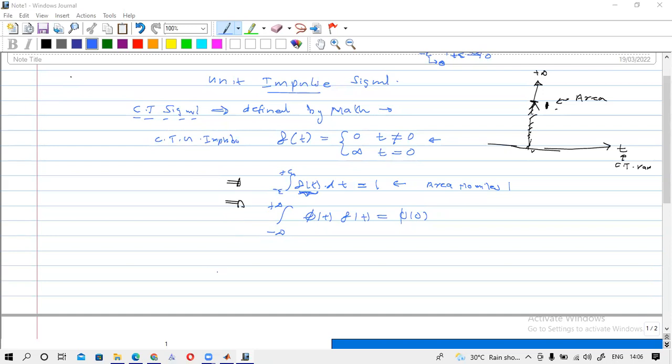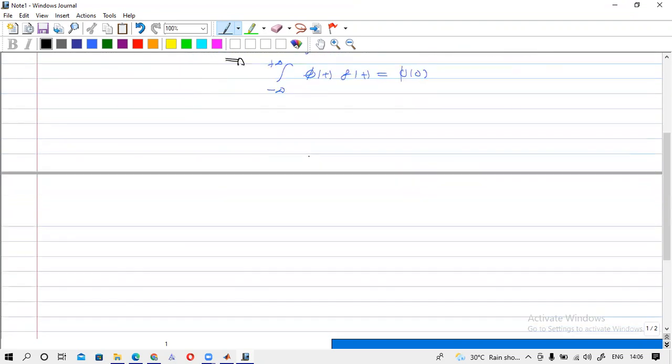So this is the definition for the unit impulse signal. Please remember that this is for continuous time. So you can see there are very high mathematical concepts here, mathematical definitions. Okay, so this has very complex maths for the continuous time. So what about discrete time?